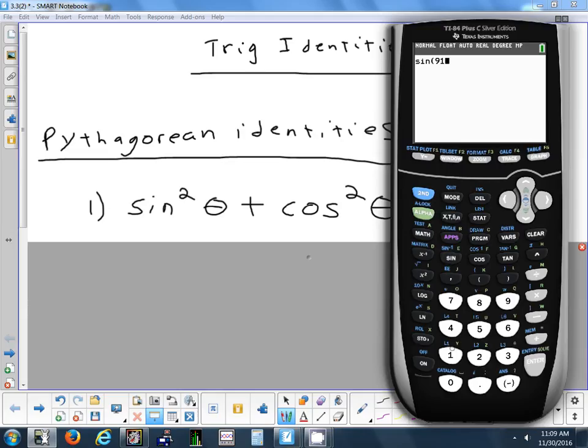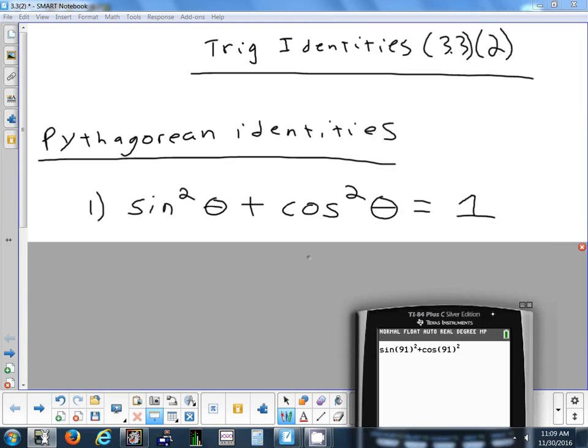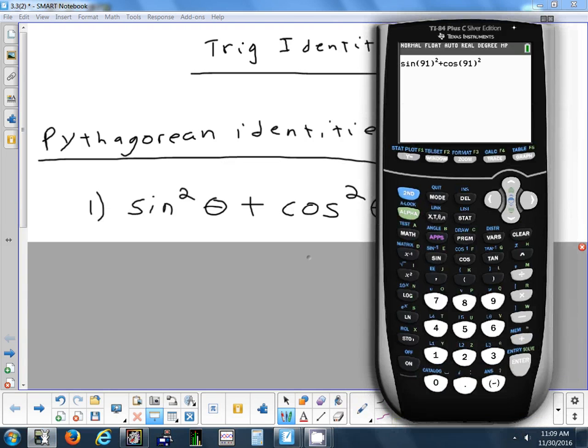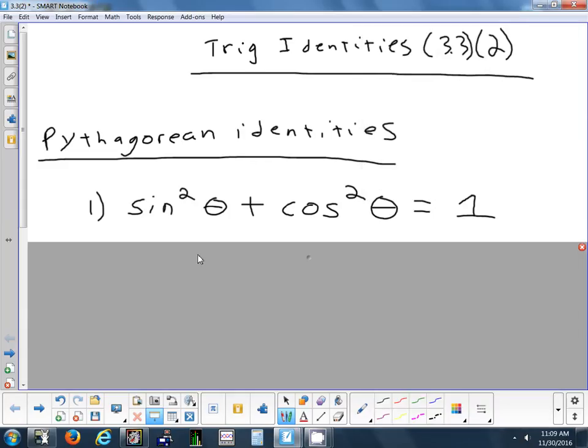So if I take the sine of 91 and square it, plus the cosine of 91 and square it, based on that formula, if I hit enter, what am I going to get? Yeah, I get 1. So this is an identity. It works for absolutely any angle you want to plug in. Positive, negative, decimal. Doesn't matter.